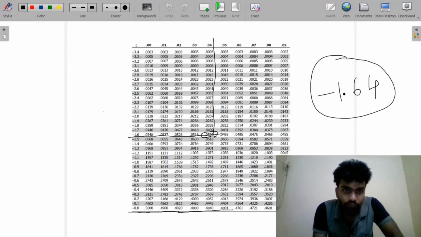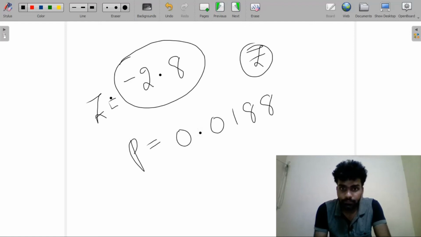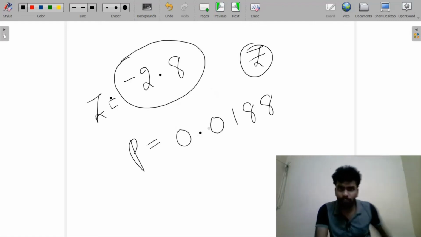This is the Z table. We have minus 2, and minus 2.8 means we have it here. This is the value, 0.0188. So the p value will be 0.0188, right? So this is the p value.